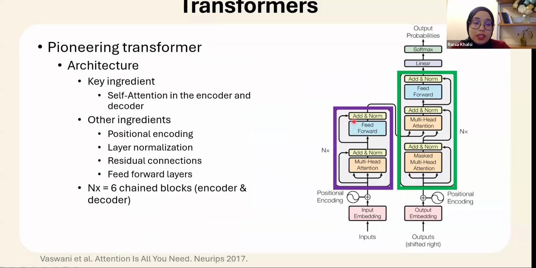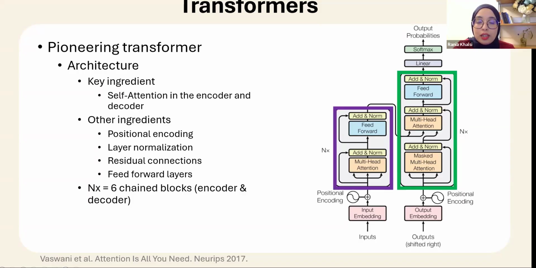Okay, so as you can see in this figure from the paper, the overall architecture has two main blocks, the encoder and the decoder. Both of them rely heavily on self-attention and also multi-head attention.